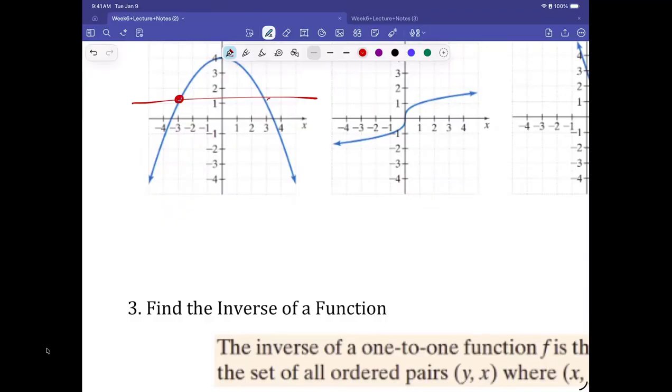2 times. So that's why this is not 1-to-1. Make sense? If you draw the horizontal line, can you see the two y values are going to be the same, isn't it? I mean, my line is not straight, but. What about the next one? Only one, 1-to-1, right?